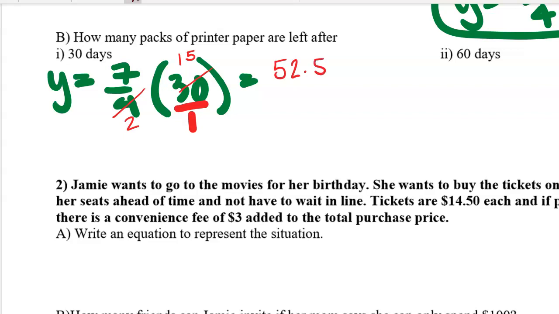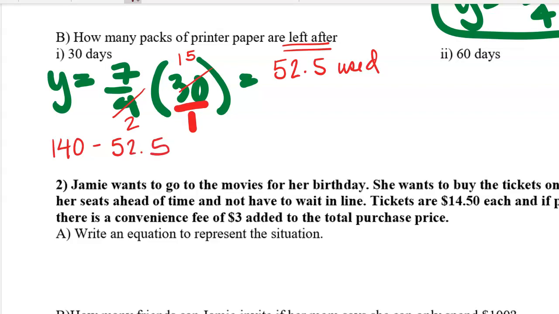Is this leftover paper or used packs of paper? Use, okay? But we want to find leftover. So what do we do? Take what and minus what, Daniel? Subtract 52.5 from 140. Right.